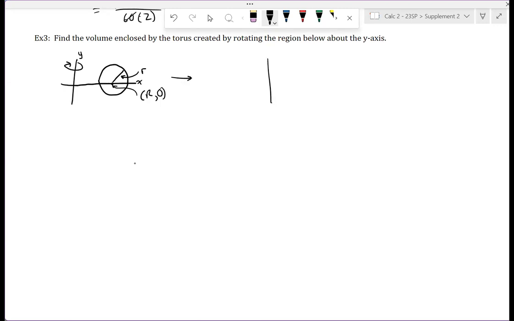So what's my torus going to look like? It's going to look like this. I'm probably not going to be able to draw this too well. It's a little hard to draw these kinds of things on a screen like this, but I might be able to get the point across. So it's going to be kind of a donut like that.